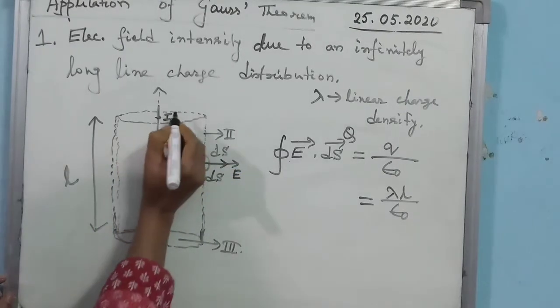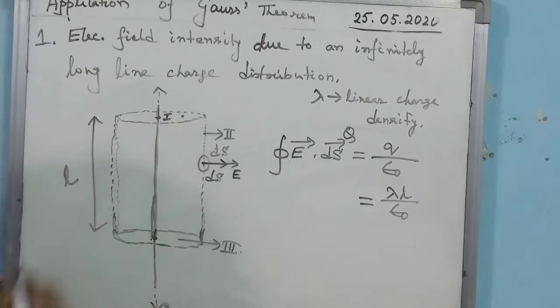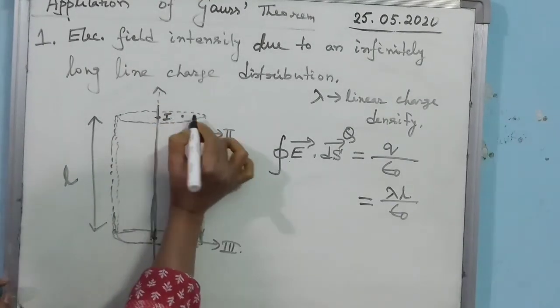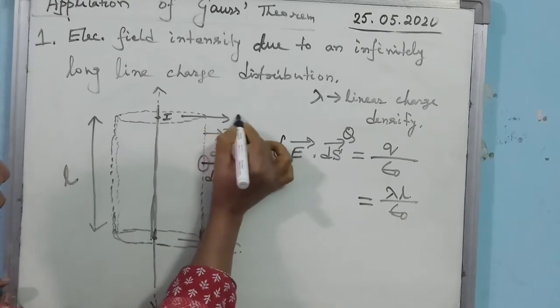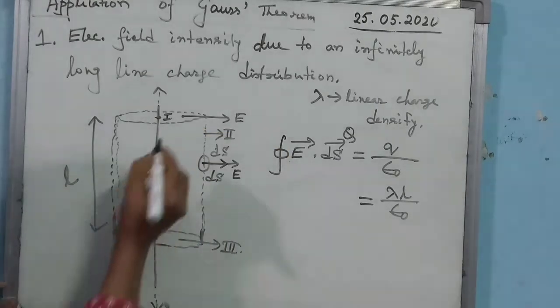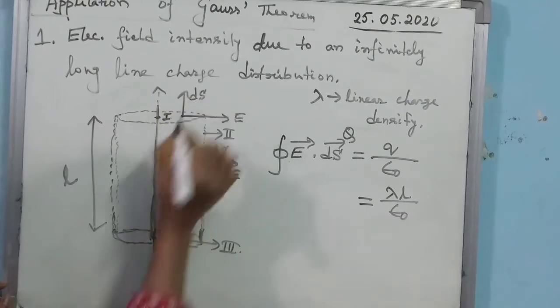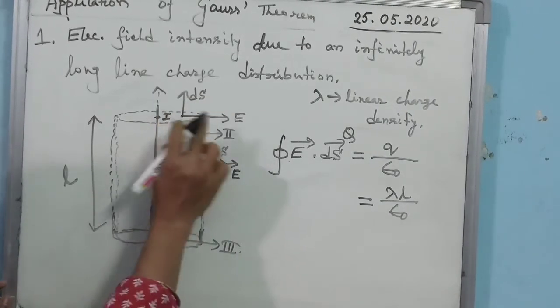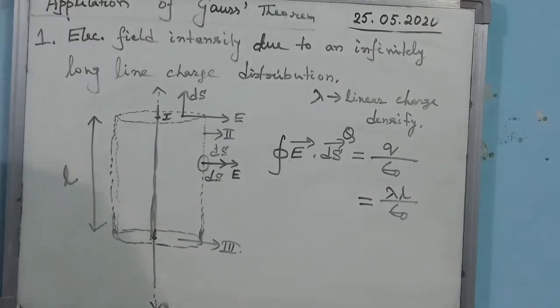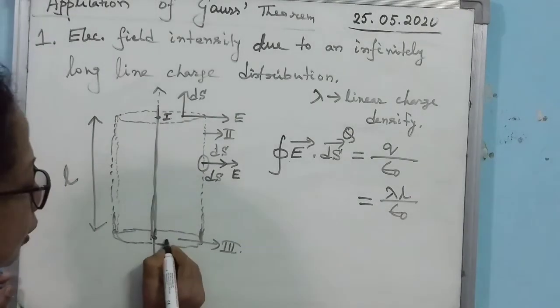Come to the first surface. If you take a point, then what is the direction of E? The direction of E is along this direction. What is the direction of dS? dS is in this direction. So you see, for the first surface, E and dS are perpendicular to each other. Come to the third one.